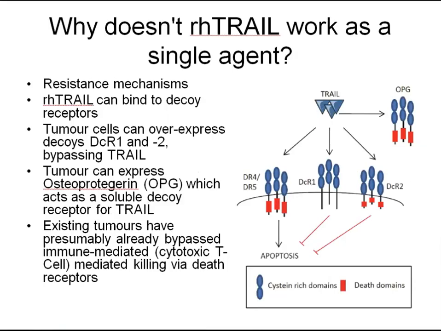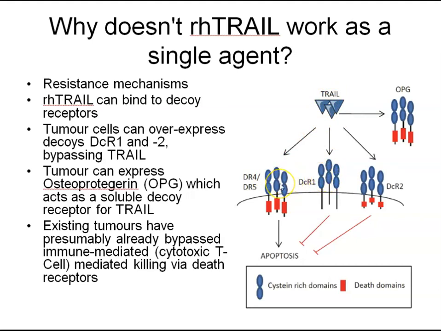So there are lots of different ways why recombinant human TRAIL might not work as a single agent. As I briefly mentioned earlier, TRAIL can bind to death receptor 4 and 5 and signal apoptosis. It can bind to decoy receptor 1 or decoy receptor 2, and these two can mix in with DR4, DR5 and prevent TRAIL signalling, because you require a trimer of TRAIL to link together 3 death receptors.